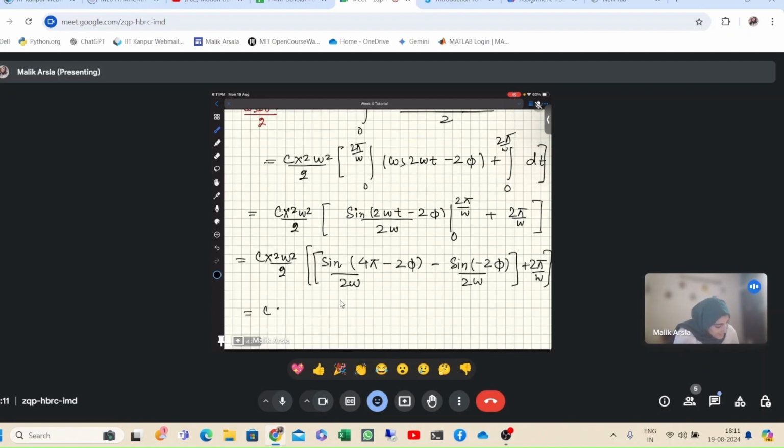Then it will be cx square omega square by 2. Now we know that sine of 4 pi minus any angle is simply sine of that angle. So we can write sine 4 pi minus 2 pi as simply sine of minus 2 pi divided by 2 omega.